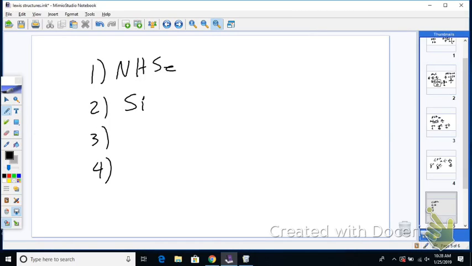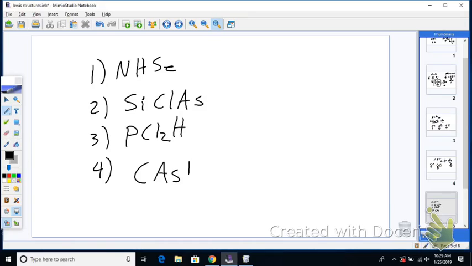SiCl2, PCl2H, and CaSBr. Okay, so do those in order and see what you guys kind of come up with for your answers to those. Okay? Draw both the dots and the lines.